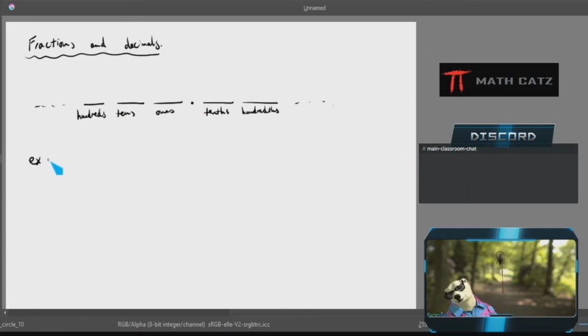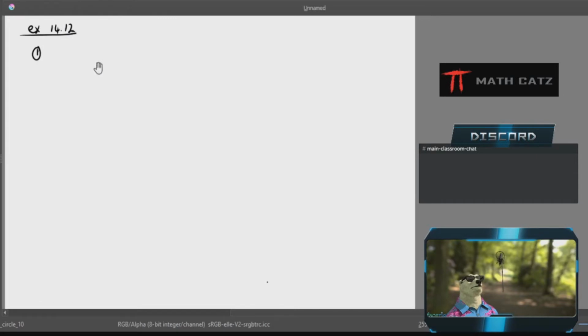That's exercise 1412, number 1. We have 5/20ths. We're not changing the quantity that it represents, we're changing the representation.